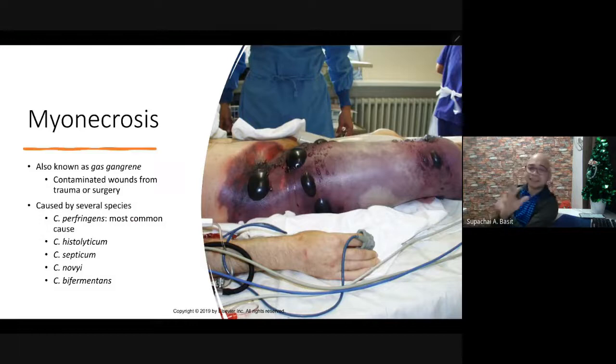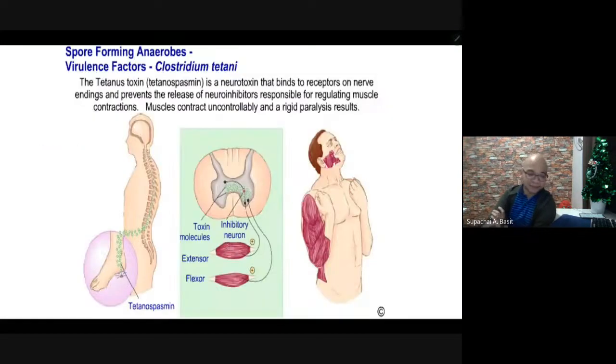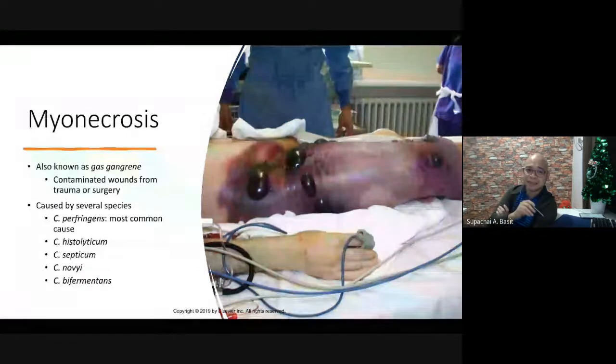Now this time, we'll talk about myonecrosis. By the way, Clostridium tetani and Clostridium botulinum are toxigenic bacteria. But this time, this is the bacteria known as the gas gangrene group because they can cause gas, as you can see here, whenever the wound is contaminated from trauma or surgery.